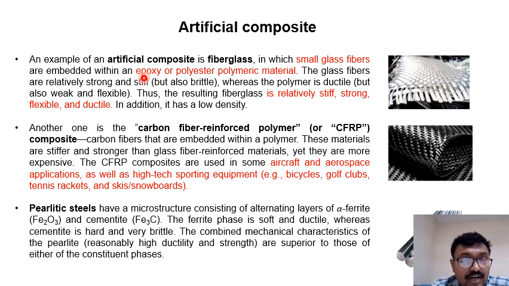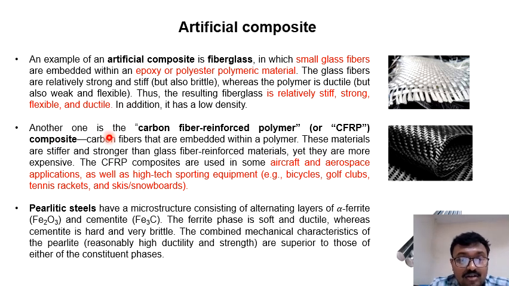The glass fibers are relatively strong and stiff but also brittle, whereas the polymer is ductile but also weak and flexible. When we mix these two materials, the resultant fiberglass is relatively stiff, strong, flexible, and ductile. In addition, it has low density, therefore weight will be less.